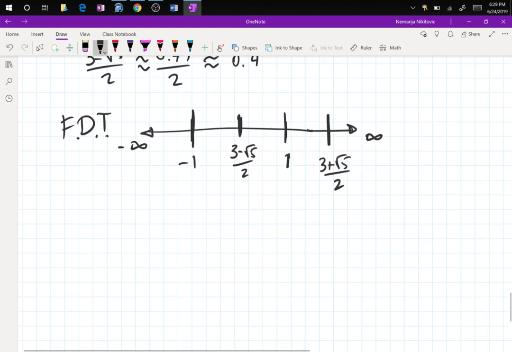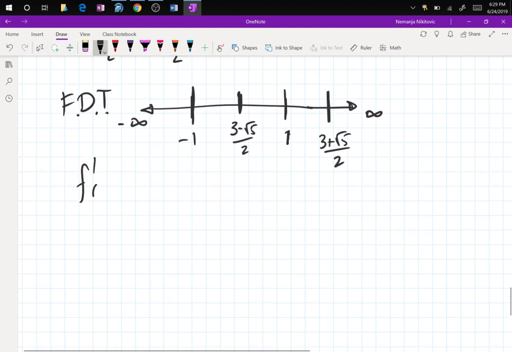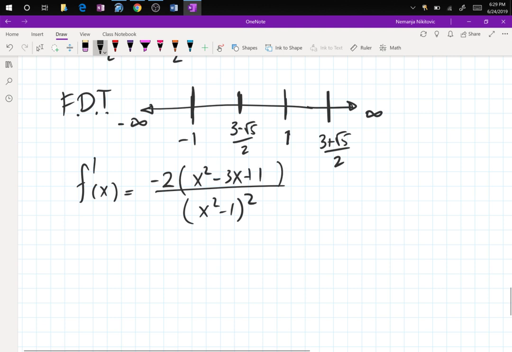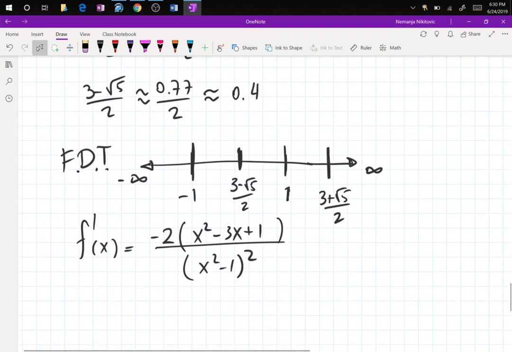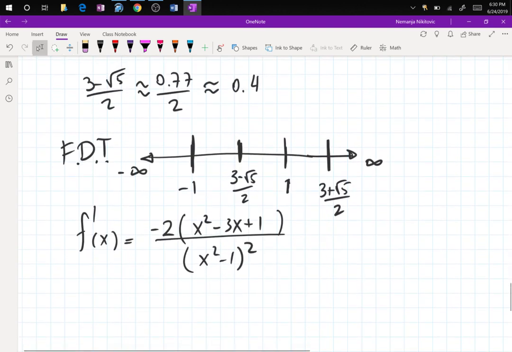Now, if I take a look at my first derivative, remember I factored out negative 2. We do have a denominator, which is squared, and this was x squared minus 3x plus 1. Yes. All right, good. Now I need to pick 5 test points.